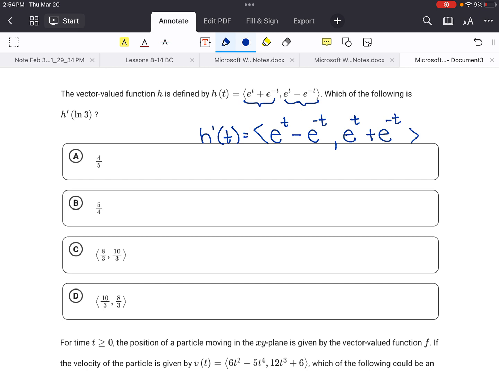And you want to evaluate this at natural log of 3. So that's e to the natural log of 3 minus e to the negative natural log 3. So that's 3 minus, I can rewrite this one as 1 over e to the natural log 3.